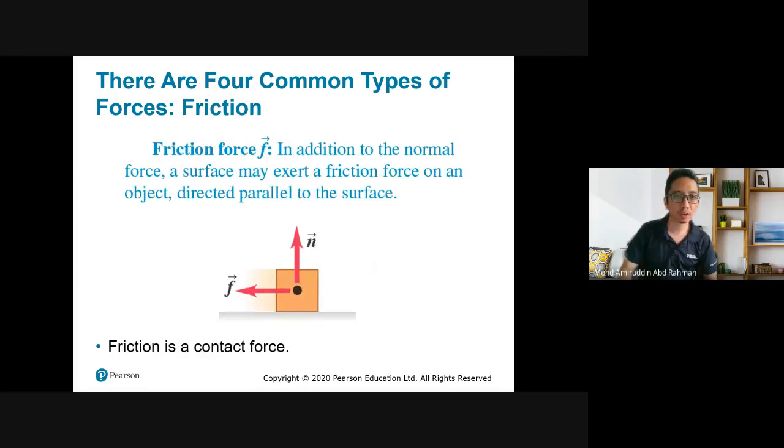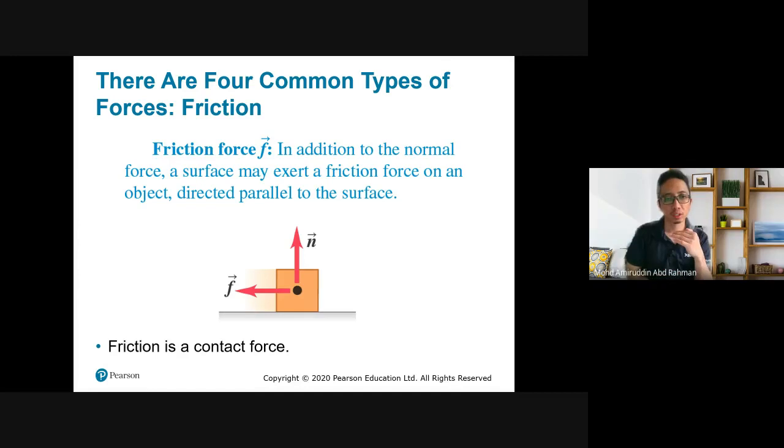Now we have the friction force, because we need to consider the roughness of the surface. Friction is considered when the object is moving in any direction.